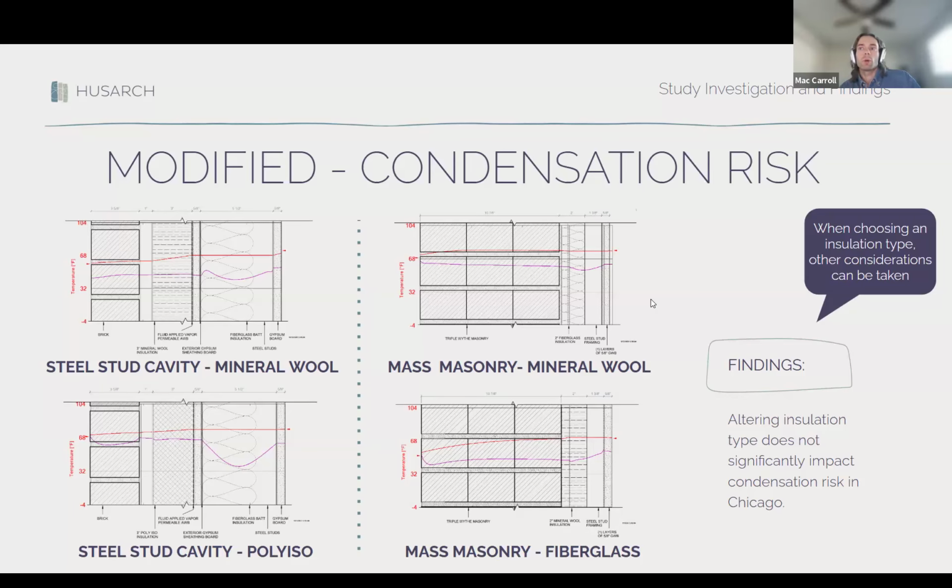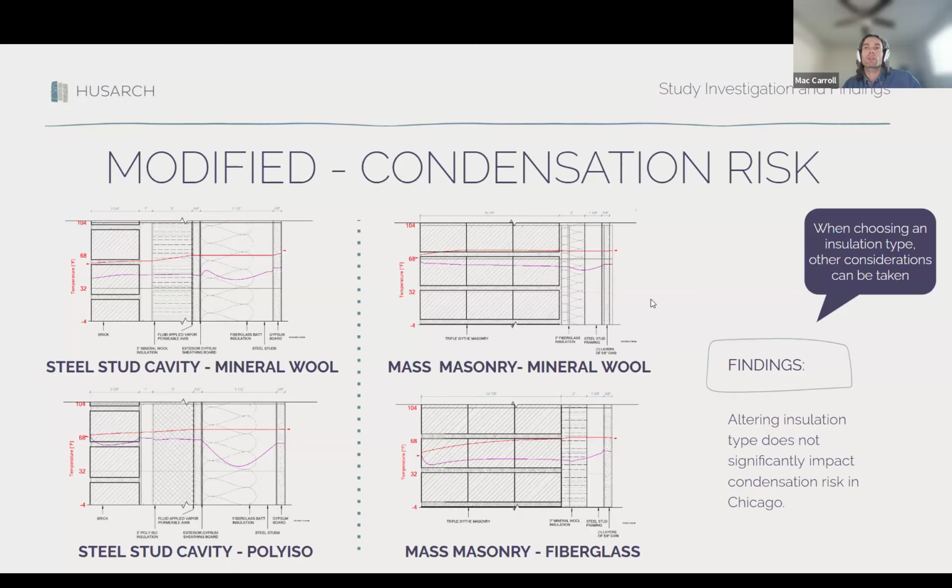polyiso and mineral wool will have different R values than spray foam insulation and things like that. We found similar results where there actually isn't necessarily a condensation risk just by swapping out the insulation materials.